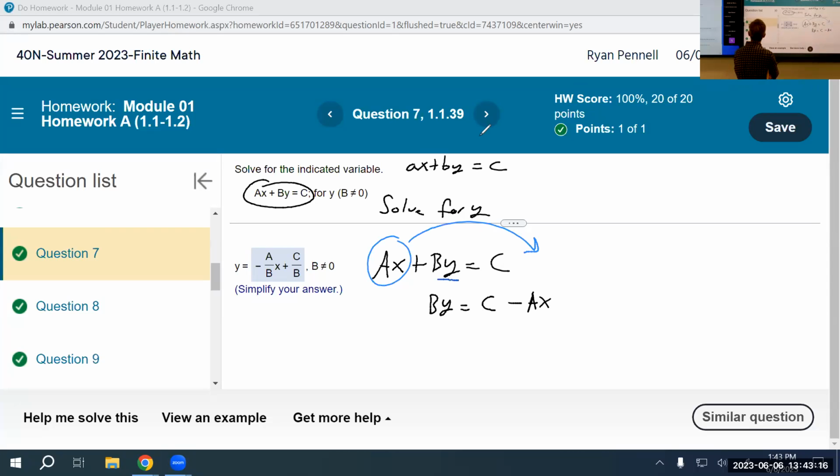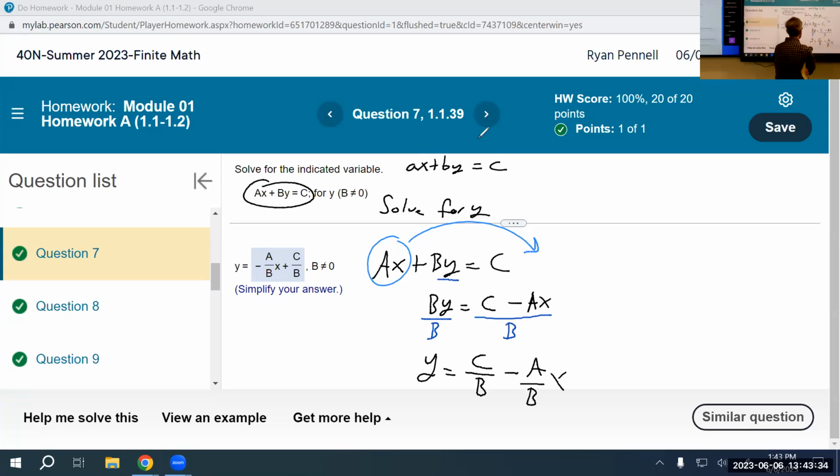They're being multiplied, so we want to divide by that b. Divide by b, divide by b. And that gives me y equals c over b minus a over b x. And that is a version of the answer.